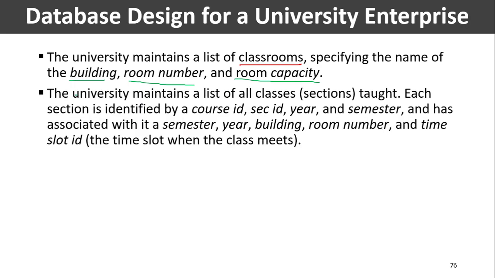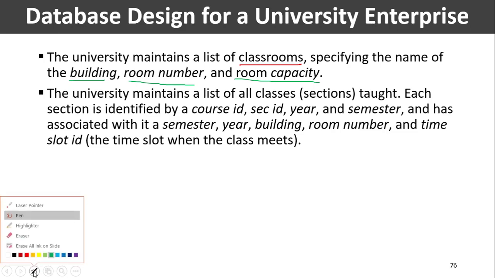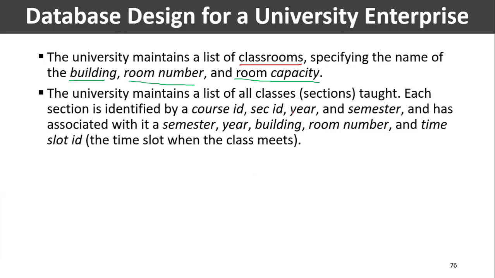The next statement is the university maintains a list of classes or sections. So here we may think of having these classes or sections as another entity set. Each section is identified, and this is a really very important statement, by a course ID. But if we look at this, course ID is the attribute for our entity set course.